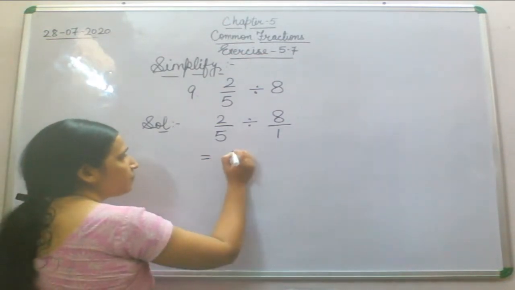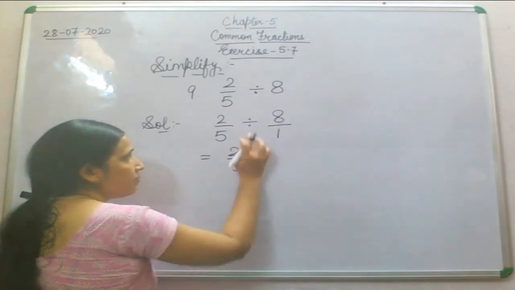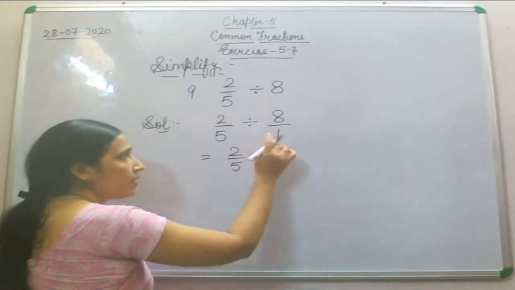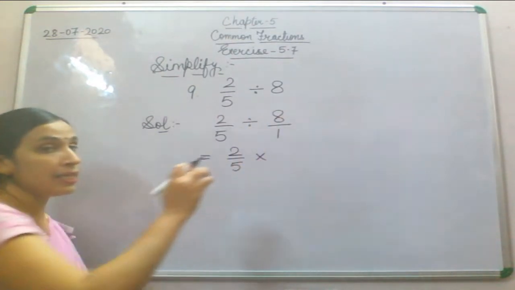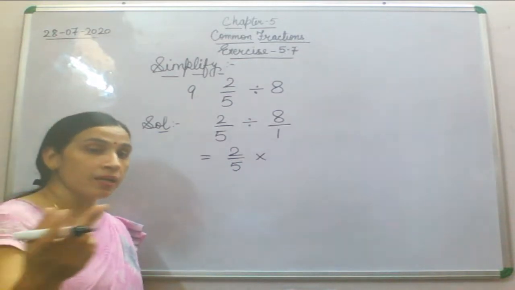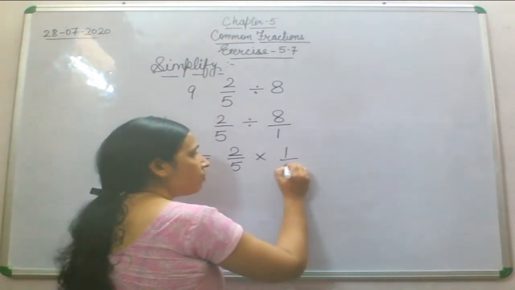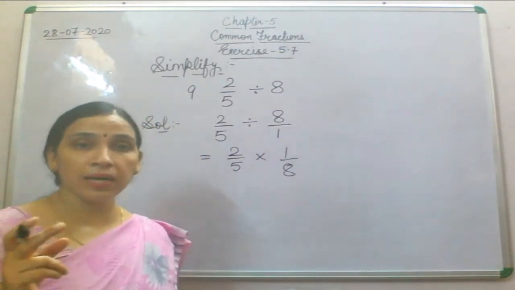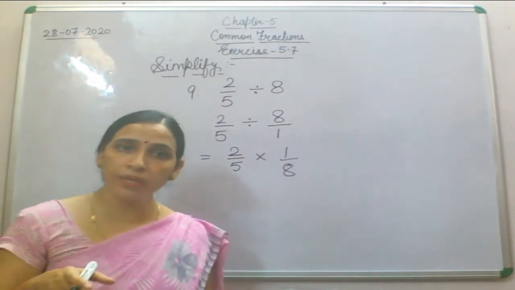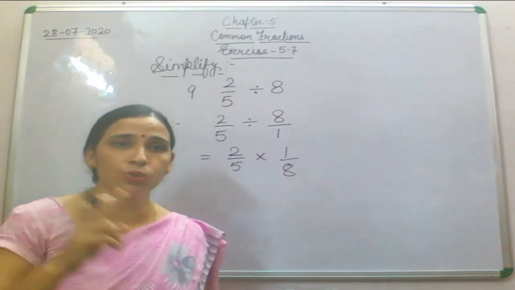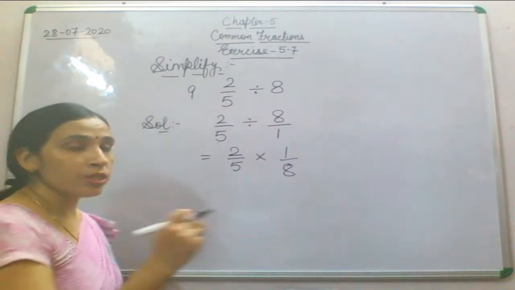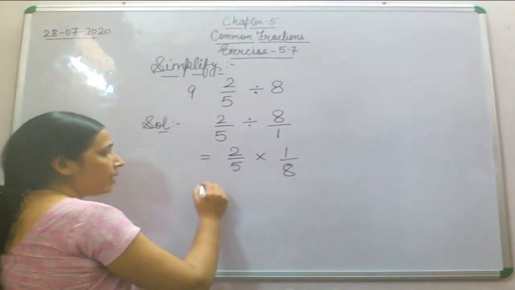After that, this division symbol will be changed into multiplication, and this 8 by 1 will become reciprocal. Numerator will come into denominator and denominator will come into the numerator. So this 8 by 1 will become 1 by 8.